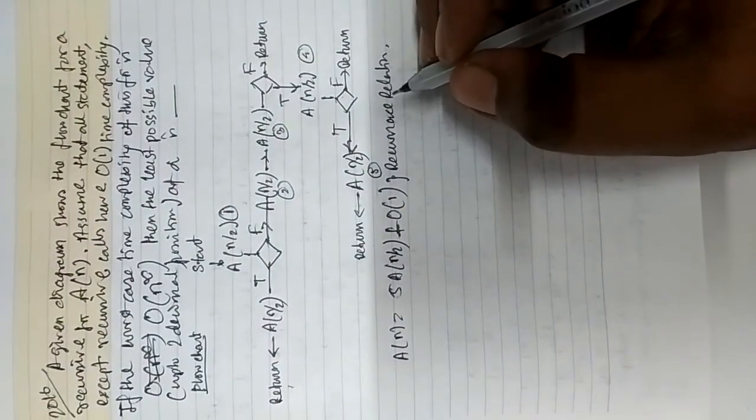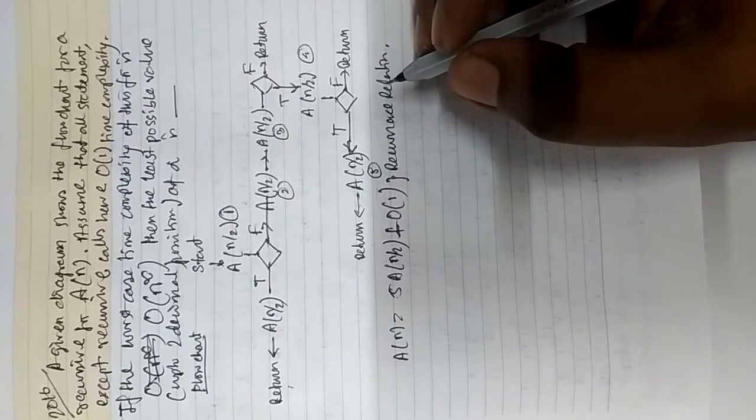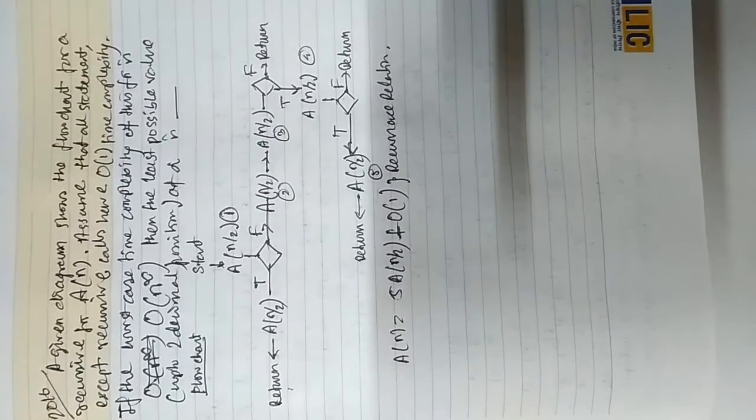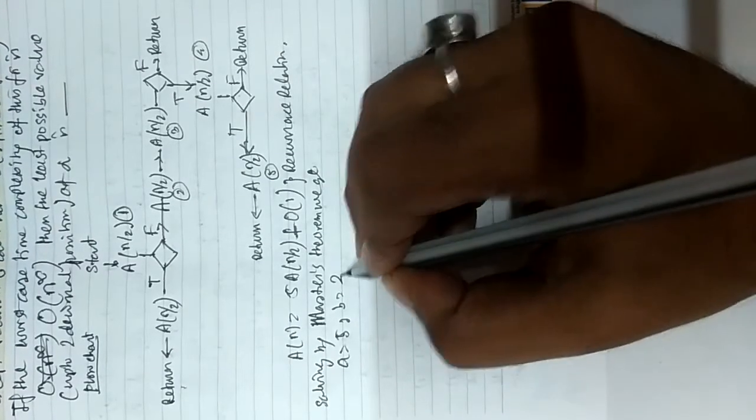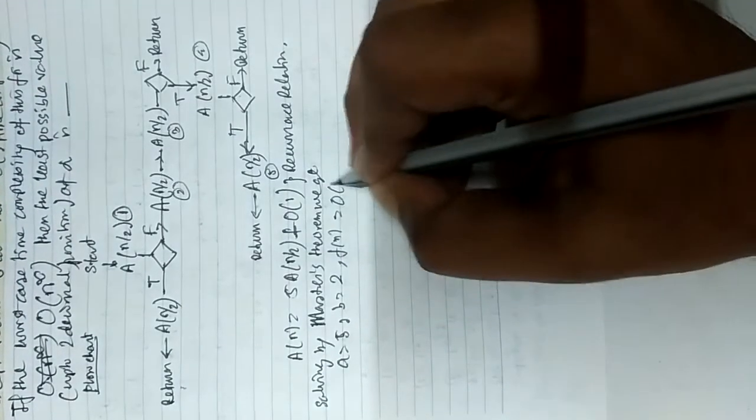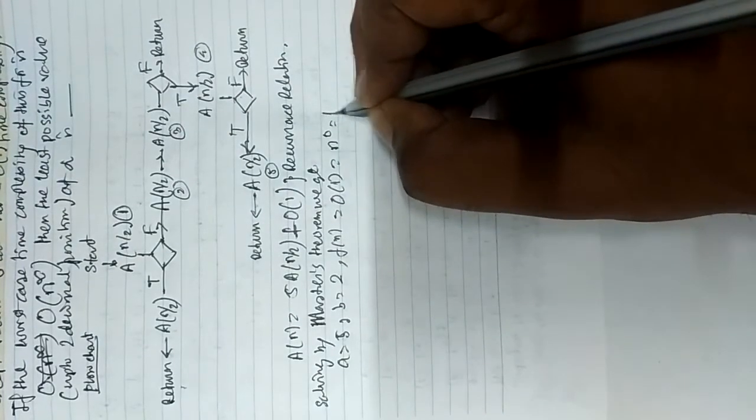Now what you have to do is solve this with the help of the Master's theorem. So solving by Master's theorem, we get a equal to 5, b equal to 2, f of n equal to order of 1, that is n to the power 0 equal to 1.